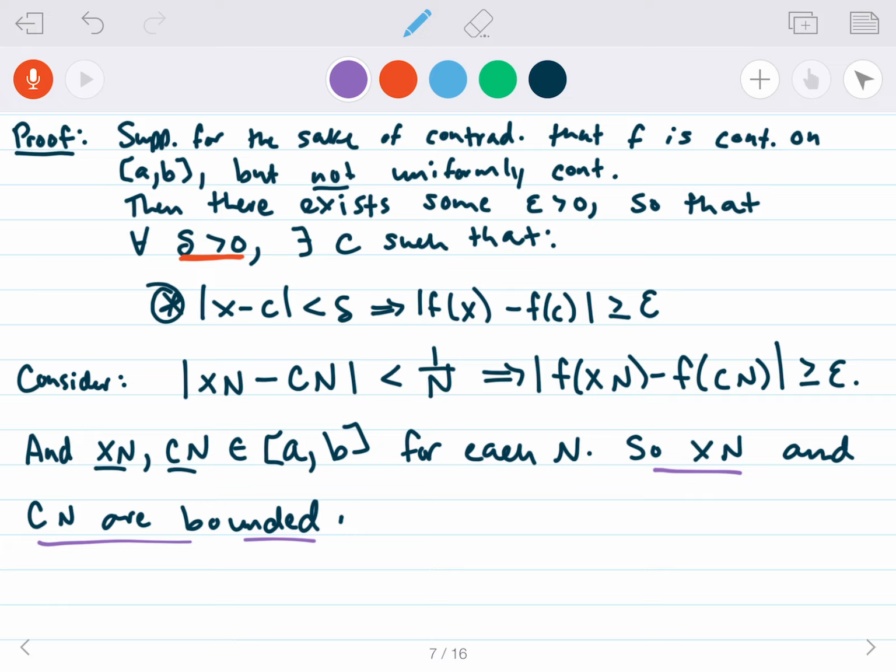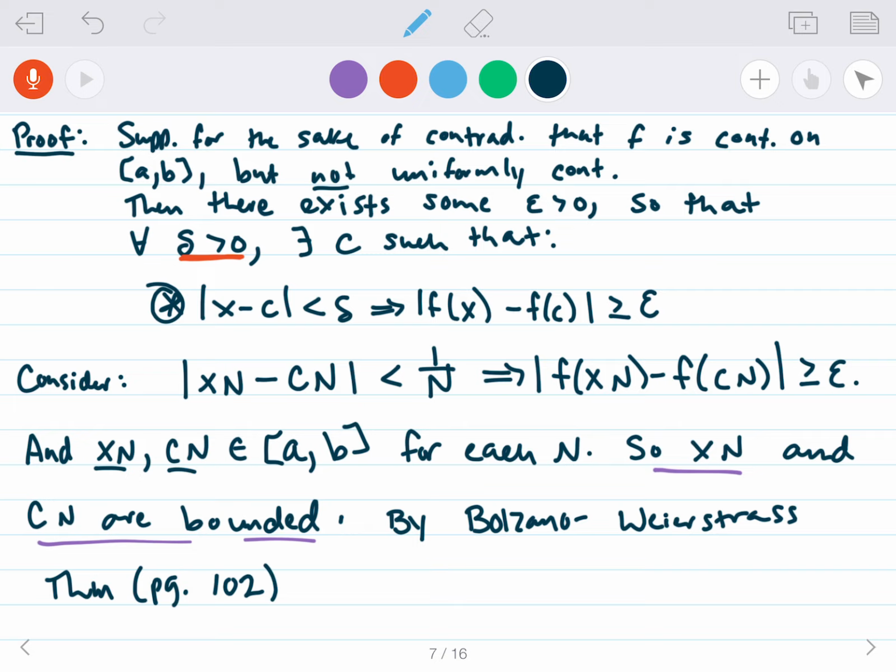So by Bolzano-Weierstrass, and that was page 102 in your text, that means that x sub n has a convergent subsequence.